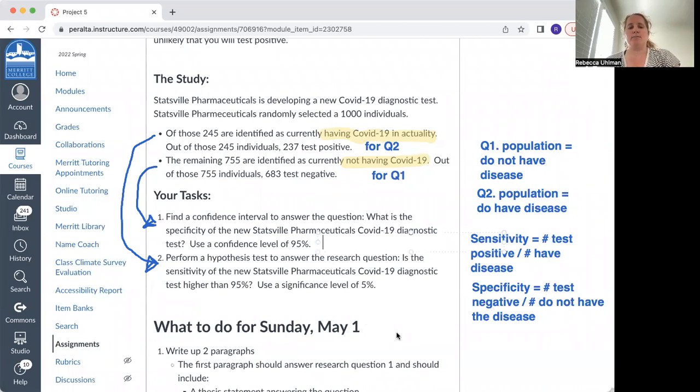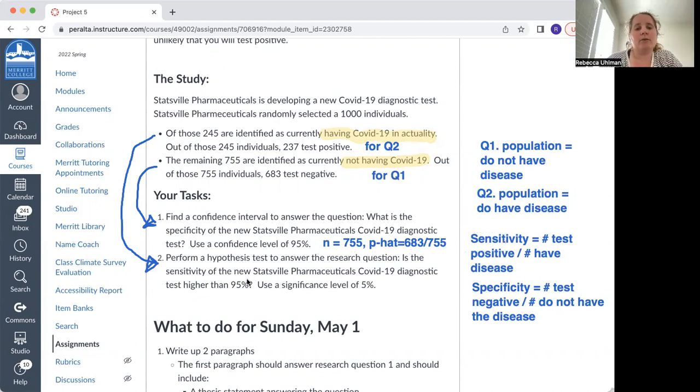Sorry, specificity is the proportion that test negative out of those that do not have the disease. Our sample has 755 who do not have the disease, so that would be our n. For our p hat, we have 683 test negative out of those 755. That is precisely what we want for specificity, so our p hat would be 683 divided by 755.